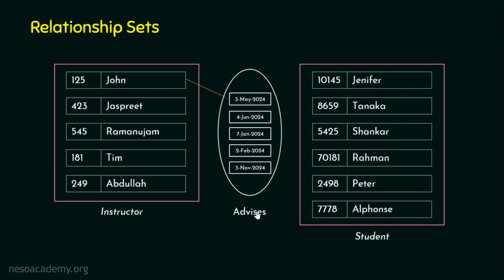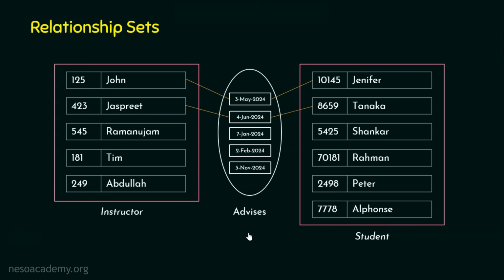We know instructor John is associated with Jennifer and the date of association is 3 May 2024. Similarly, the instructor Jasprit is having an advises relationship with Tanaka on which date? This is the date of association. Let's see about Ramanujam now. Ramanujam is an instructor not just for Shankar. He is an instructor for Peter as well.